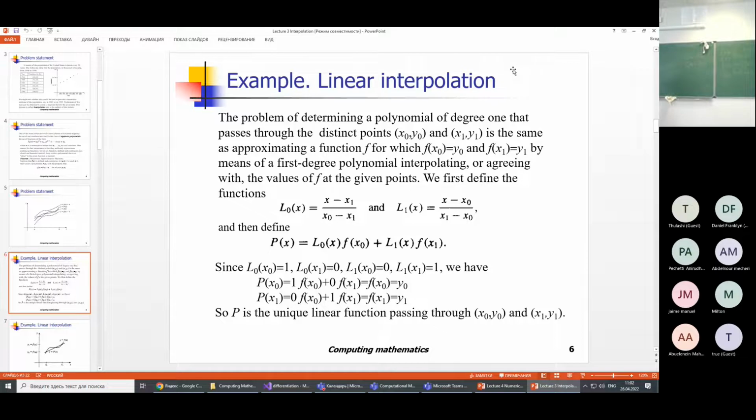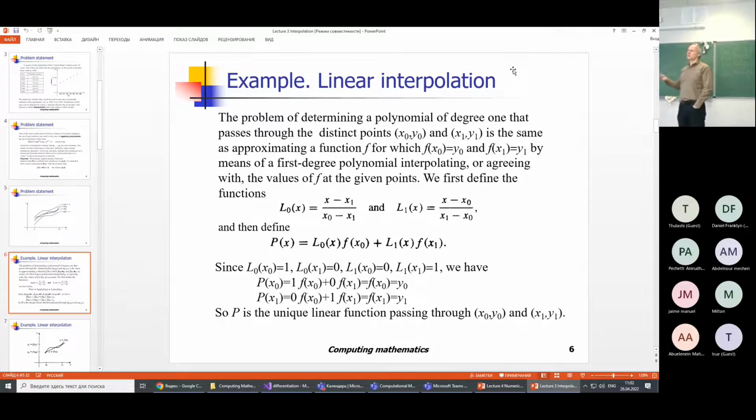And this formula has a very simple derivative. P1 prime of x equals L0 prime of x times f0 plus L1 prime of x times f1.